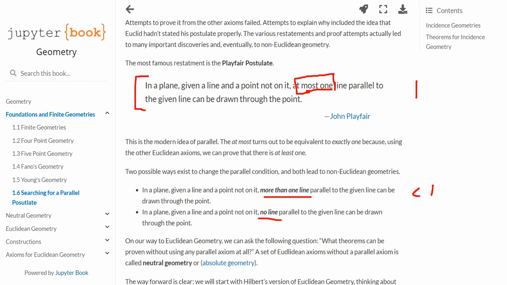If I have fewer than one, which is actually zero, then it's elliptical. And our best image of an elliptical geometry is a spherical geometry, which we're a little familiar with because of the globe. The Earth is approximately a sphere.